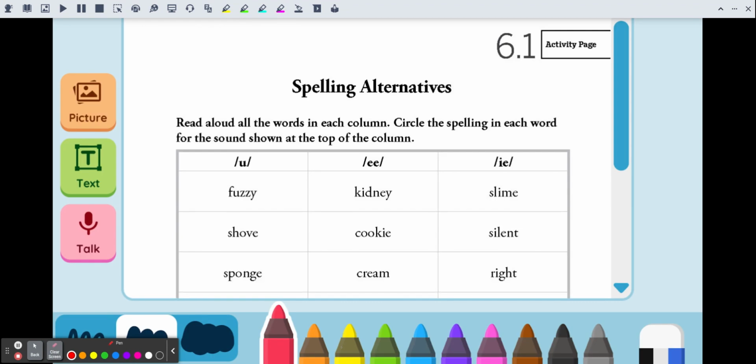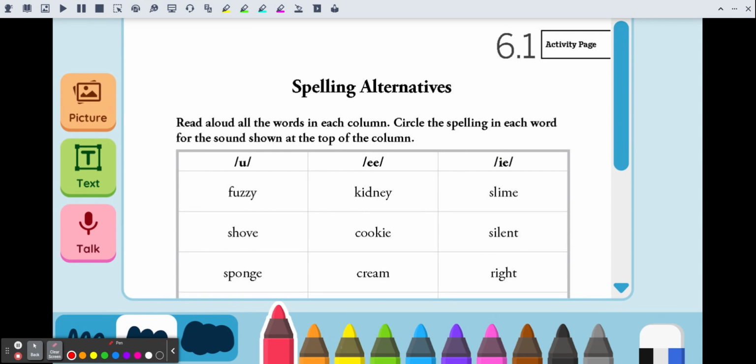You will be going over the sounds the different vowels make, and you will circle what spelling in the word is making that sound. I will have a video for you to go back and check your circling to make sure you are circling the correct sounds. First, before we go there, let's go over the sounds.